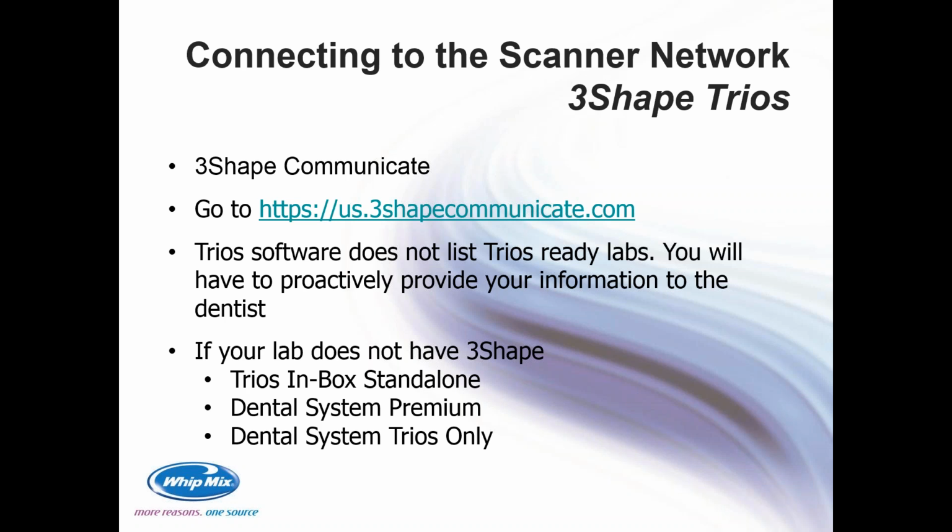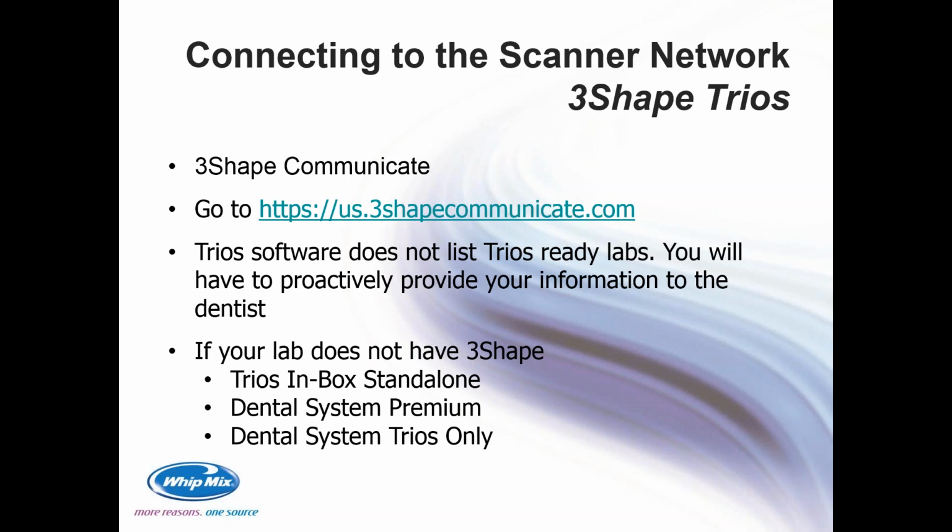Now, if your lab does not have ThreeShape, there are three different options with ThreeShape. You can get what is called Trios Inbox Standalone. This just provides you with a communication platform and the ability to receive orders and scans from Trios. You also have the option of buying Dental System Premium, which is their full-blown CAD seat. So you could accept Trios, but then you would also be able to design, use it for CAD for any STL file or from any system.